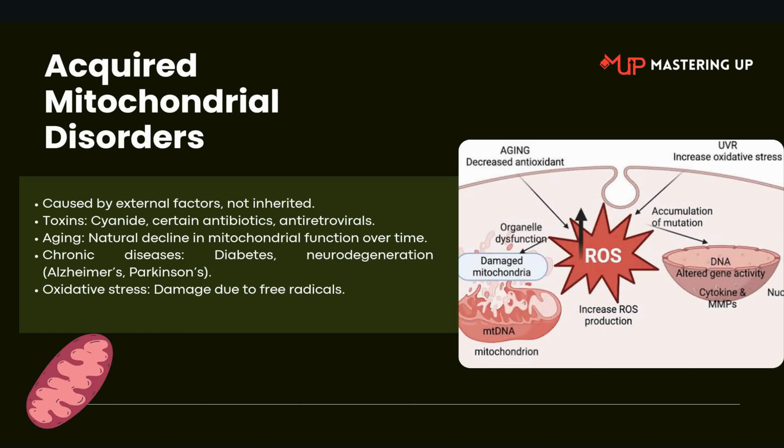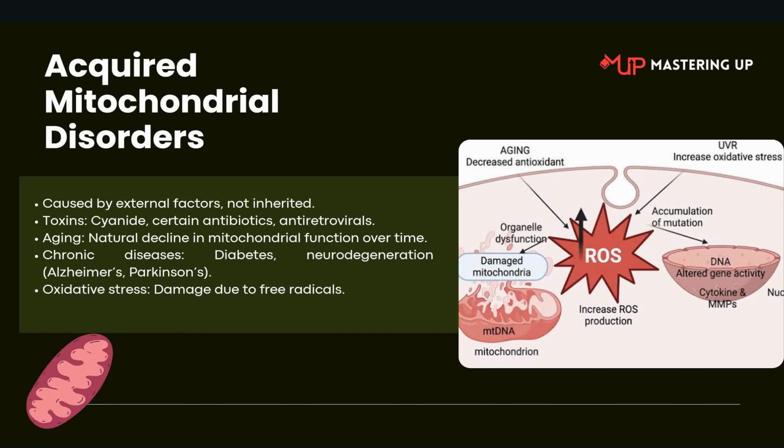ROS stands for reactive oxygen species, which are highly reactive molecules containing oxygen formed by byproducts of cell metabolism. And this plays roles in both beneficial and harmful processes, but increase in ROS production leads to harmful conditions.